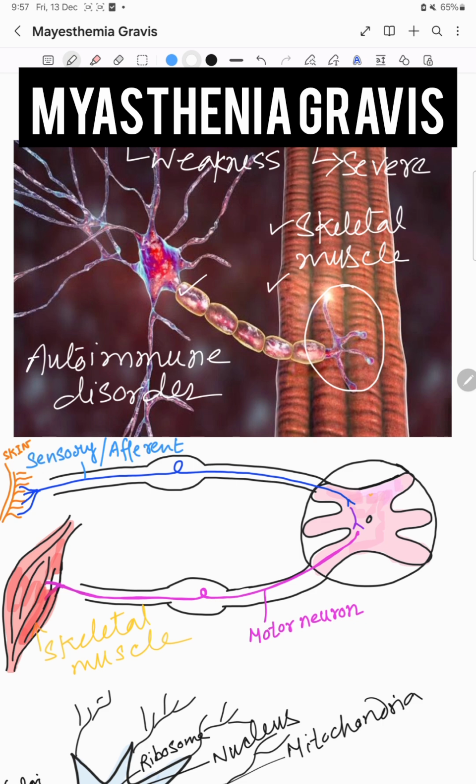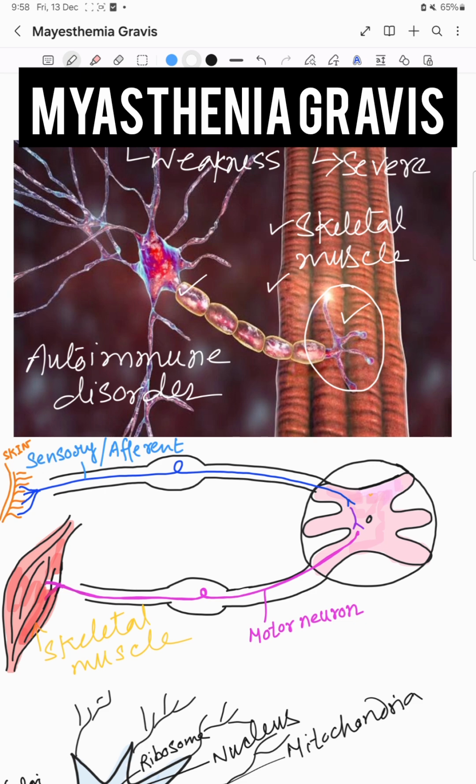We all know that performing any movement requires skeletal muscle contraction, and skeletal muscles are connected to motor neurons through a specialized structure called the neuromuscular junction. So we must understand the basic mechanism of the neuromuscular junction that leads to muscle contraction.